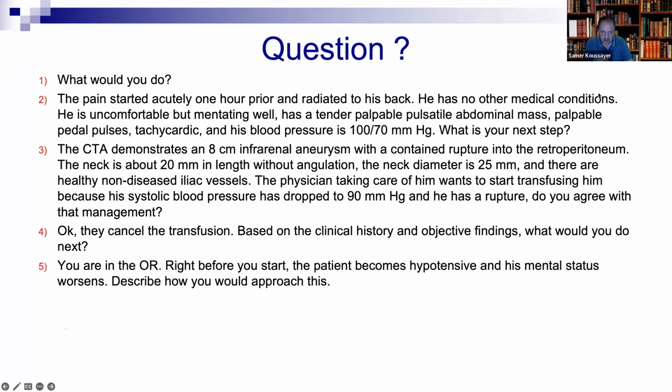If he gave you a scenario that he is not stable to go for CT, then you say, okay, I'll go to the OR, I'll go for the contralateral limb, I put balloons, and then from the other side I put a pigtail, do an angiogram, then look at the neck, the length, the width, the aneurysm and the iliac and everything, and do my measurements.